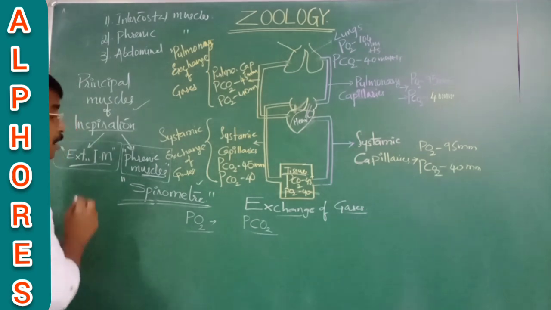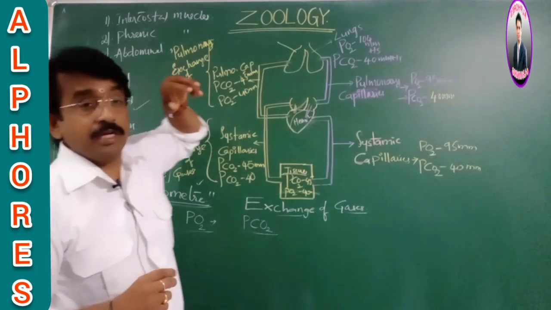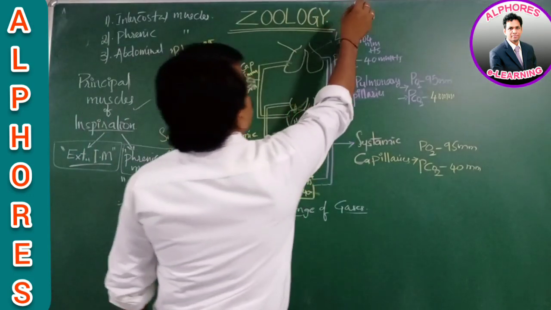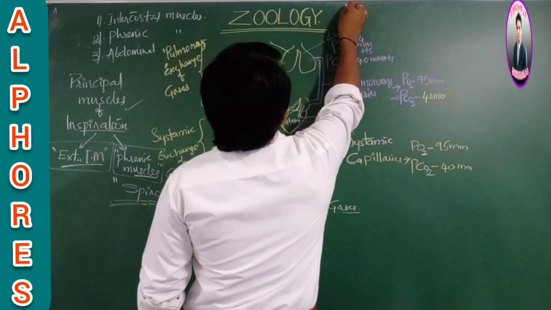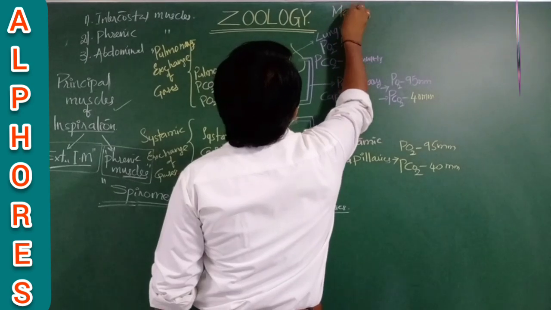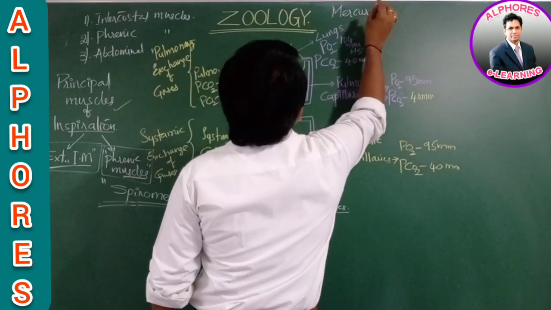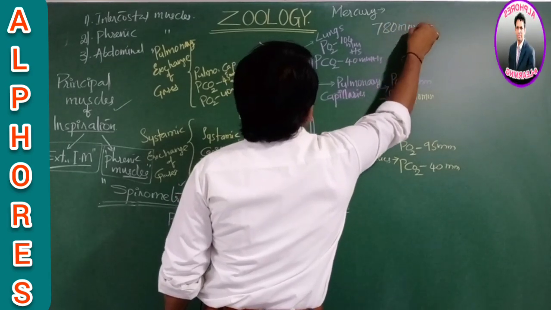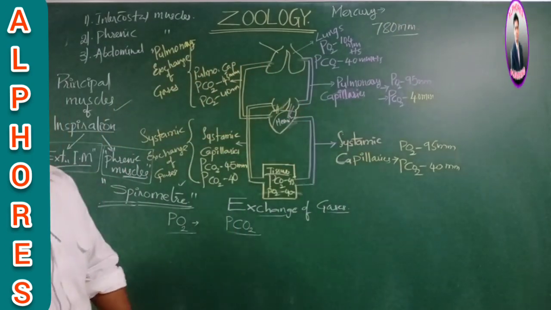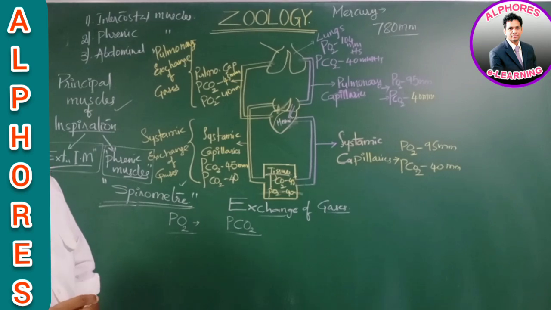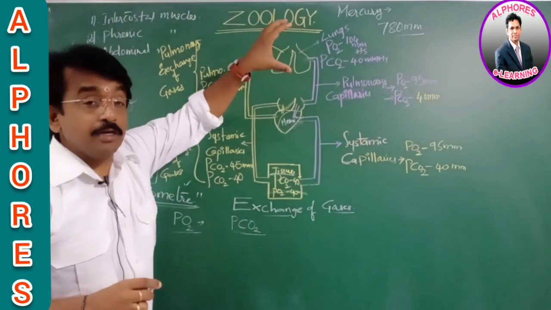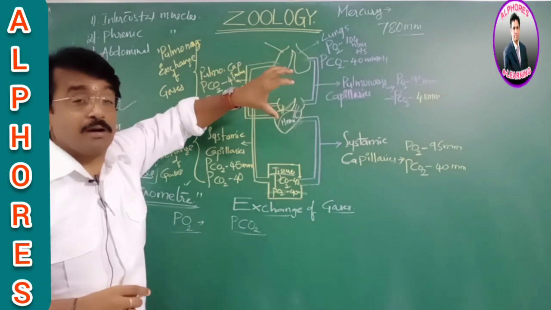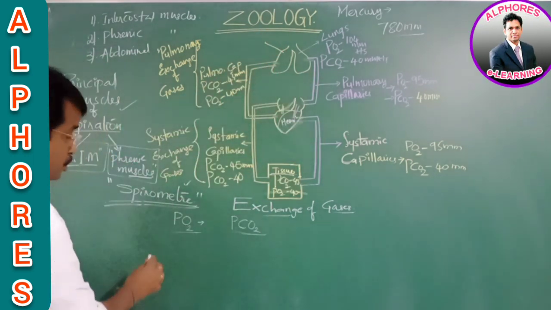Make a note of this important point, which is not available in the textbook. For the mixture of gases, we say it is mercury. The total pressure is 780 mmHg.